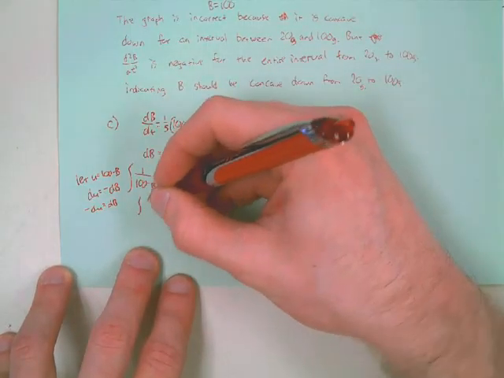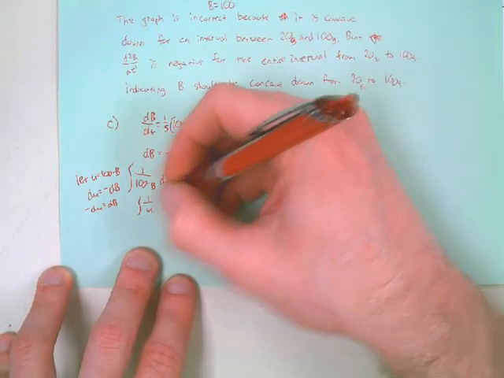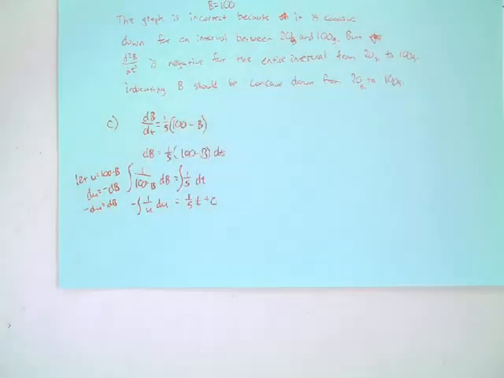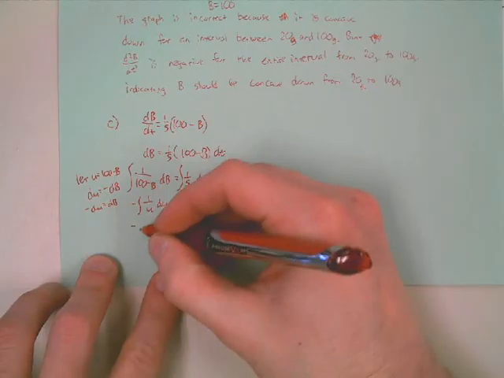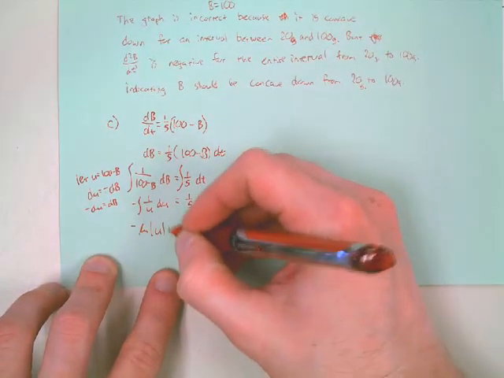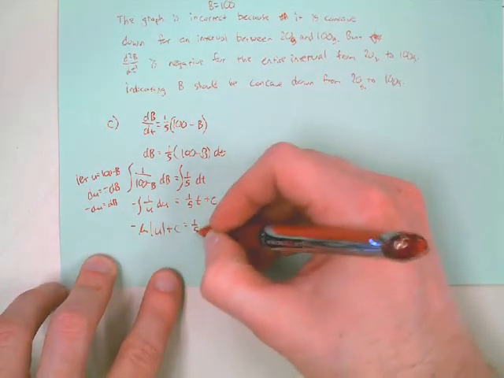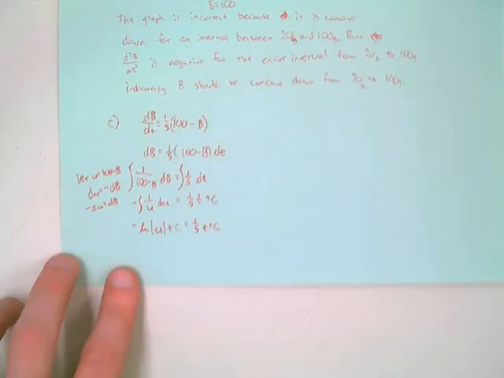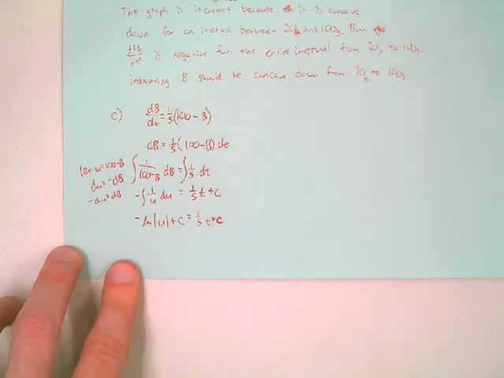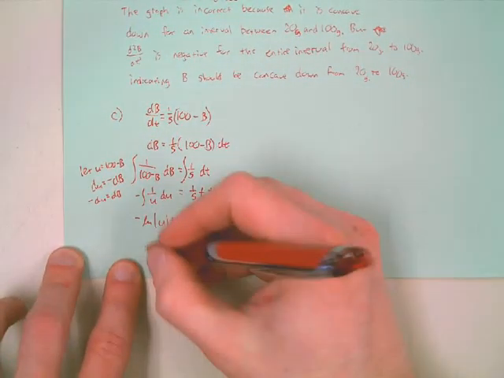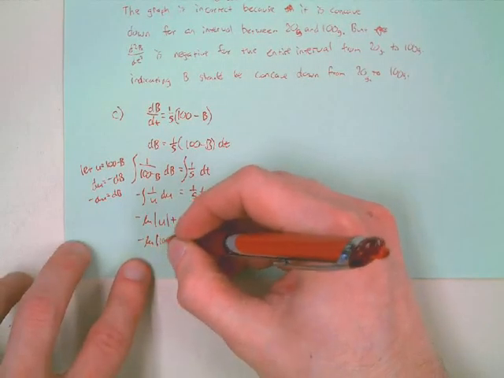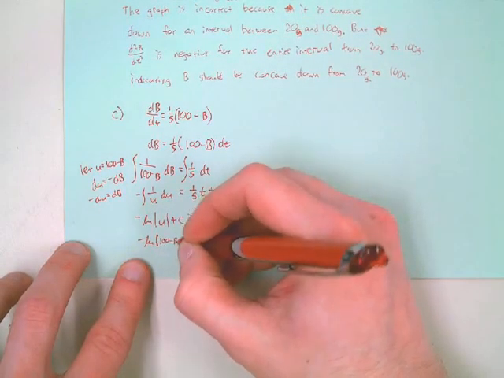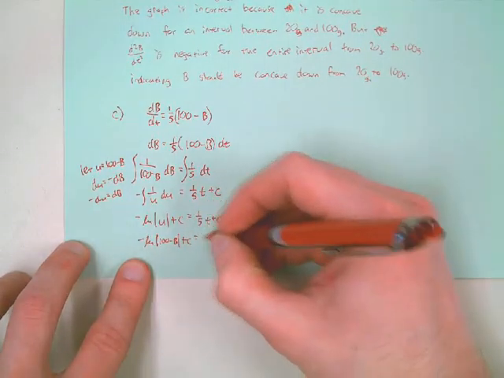Yeah, so negative du, so I'll put the negative out front. And what's the integral of 1 over u, Emma? Yeah, natural log of the absolute value of u plus c. So you see there are some tricks inside. All right, and we get negative natural log of the absolute value of 100 minus b plus c equals 1/5 t plus c.